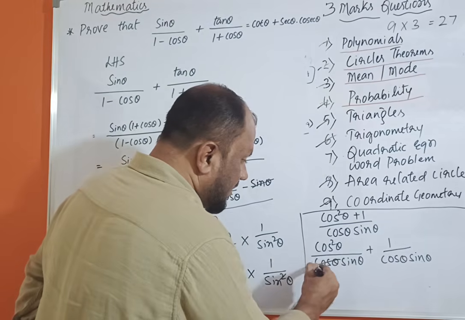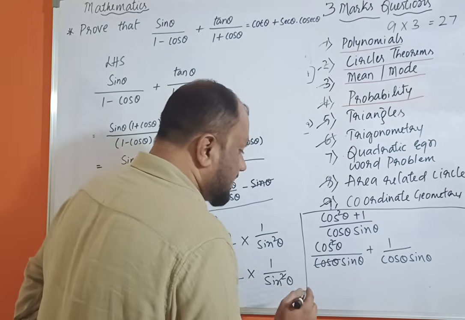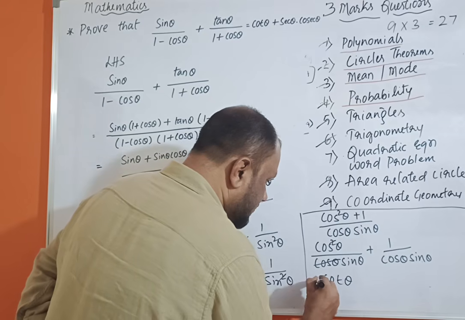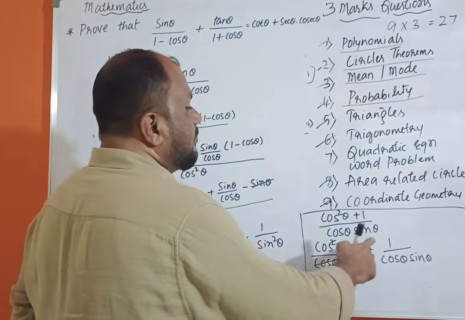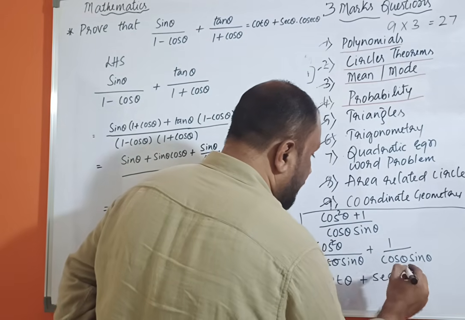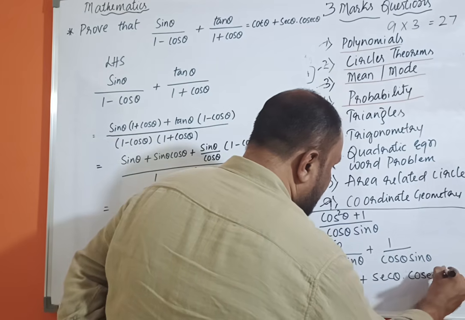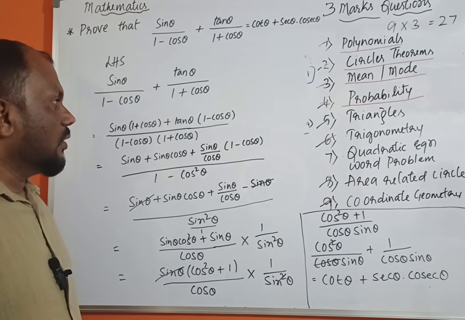Now cos theta and cos square theta get cancelled. Cos theta by sin theta is cot theta. Okay. Then plus 1 by cos theta is secant theta into 1 by sin theta is cosecant theta. So now we proved LHS is equal to RHS.